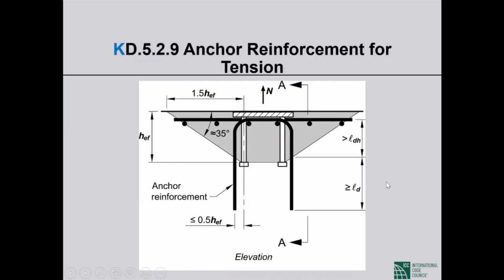So this way it is straight bar development length, this way it is hooked bar development length. The other stipulation is that the distance between the anchor axis and the axis of the anchor reinforcement shall not exceed 1/2 of the embedment depth.